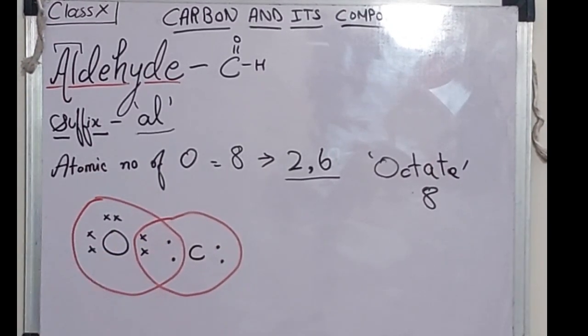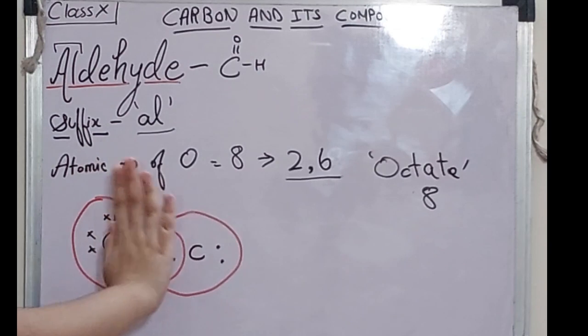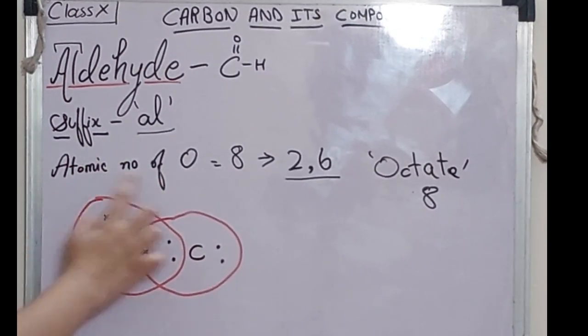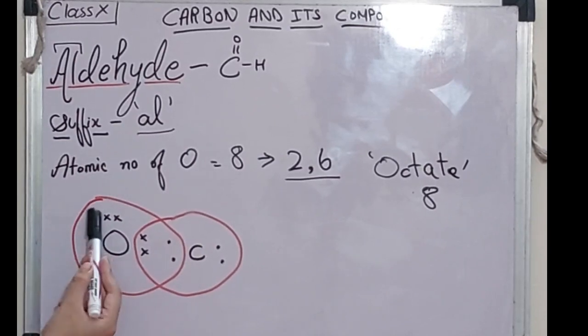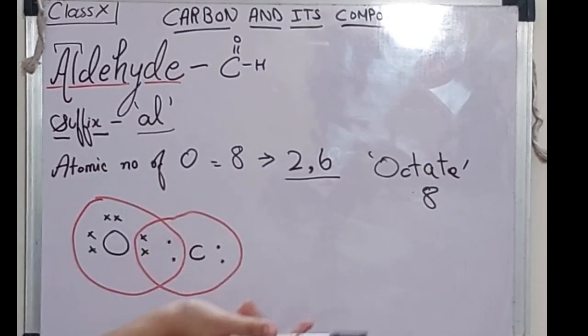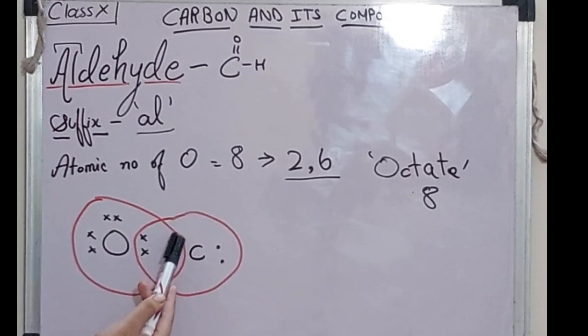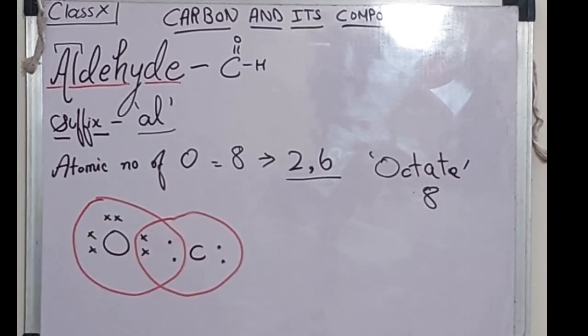Now in oxygen, you can see there are 8 electrons: 1, 2, 3, 4, 5, 6 and 2 taken from carbon, so 7 and 8. But in carbon, we can see there are only 1, 2, 3, 4, 5, 6 electrons.